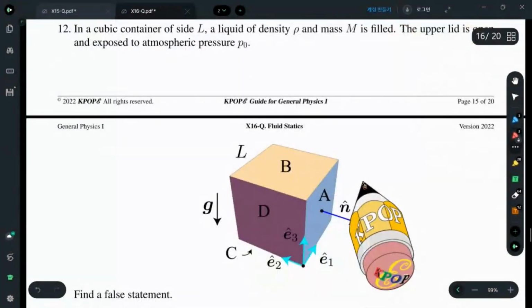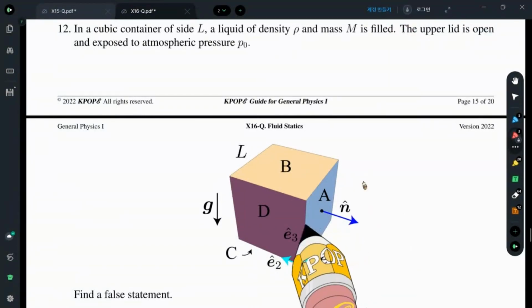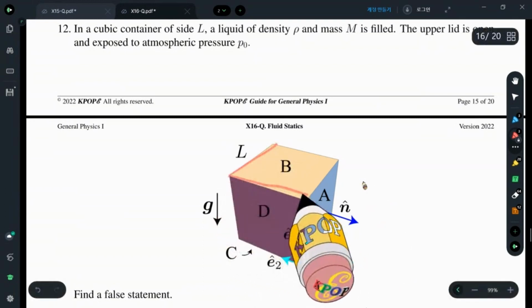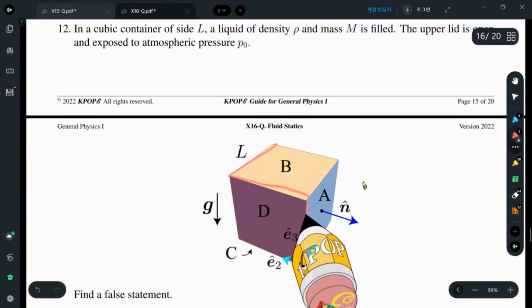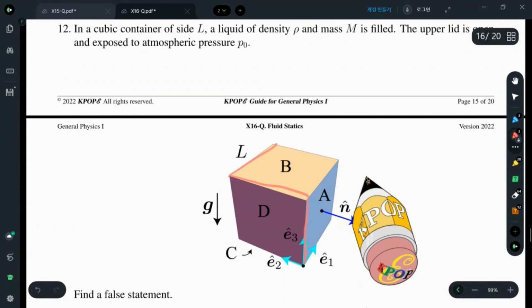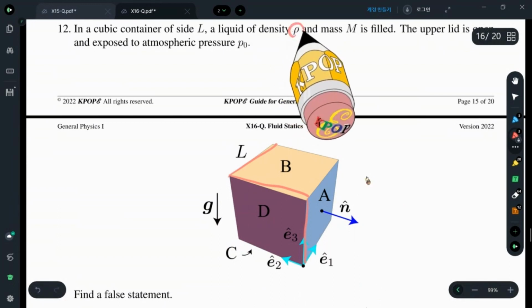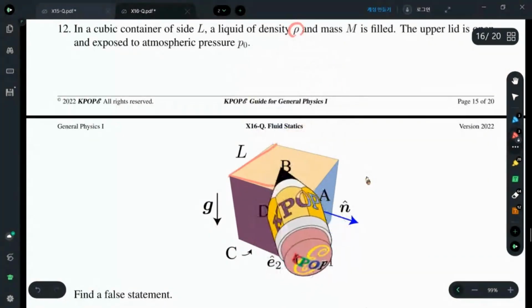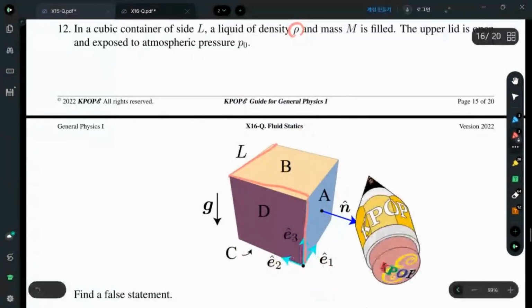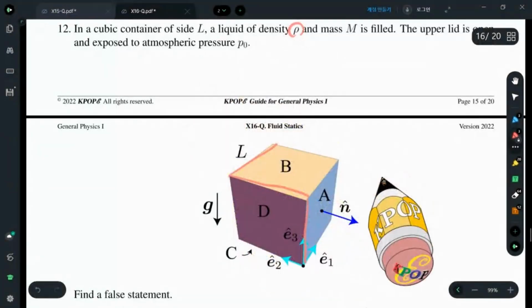You can see what's happening if we replace this one with a cubic container. The cube has all sides L. Again, the density rho of liquid fills this container.